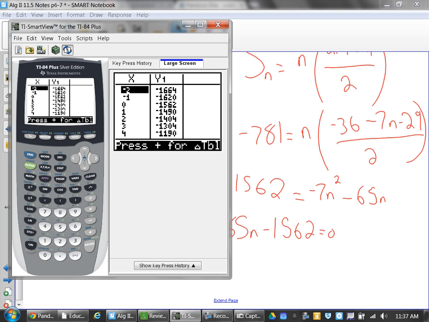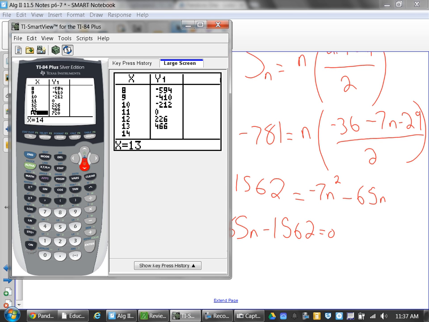Okay, so now when you go to your table, what are we looking for? We're looking for 0 to be where? There it went. 11. Need 11 of them. Okay? Does it not allow you to scroll?